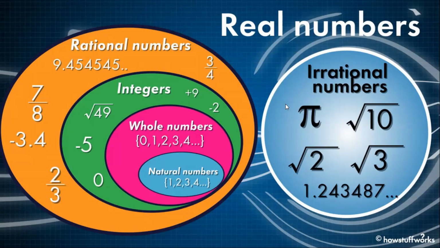For example, 1.2434 and so on, infinite. And we have also square root of 2 as an irrational number, square root of 10 as an irrational number, square root of 3 is an irrational number, and pi is an irrational number. Now, bakit si pi ay example of irrational numbers?